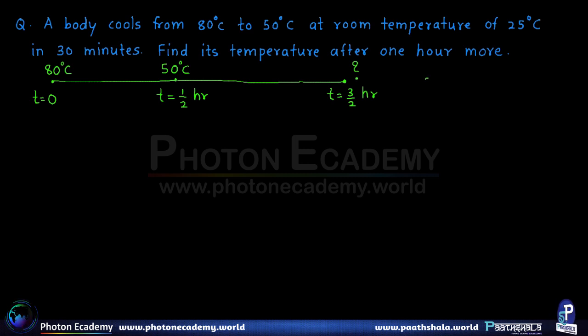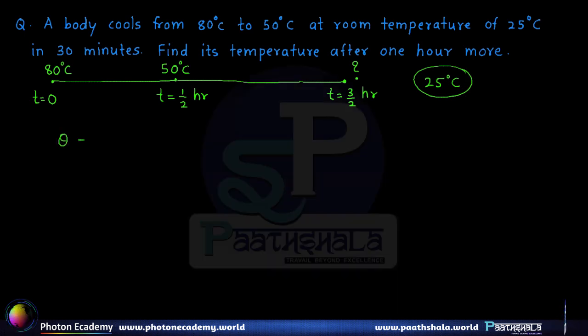And the temperature of the surroundings is given to be 25 degrees Celsius. So now let us write the general solution and fill in the details. We know that the general solution of Newton's law of cooling is given by theta is equal to theta 0 plus theta 1 minus theta 0 into e raised to minus kt.